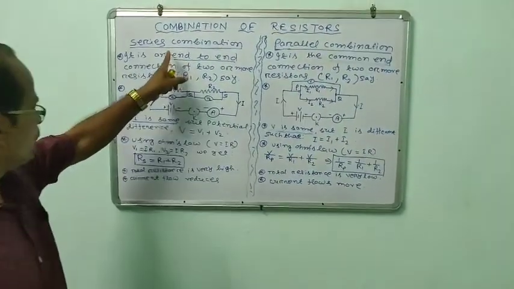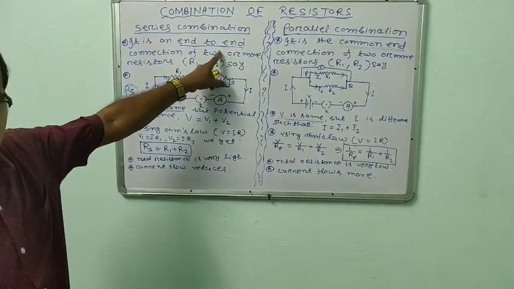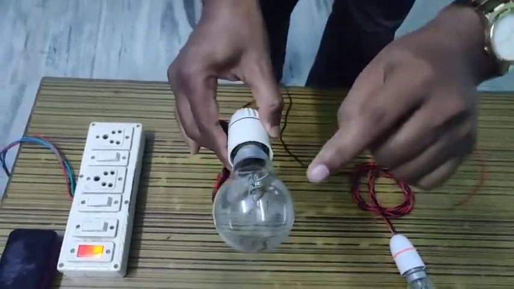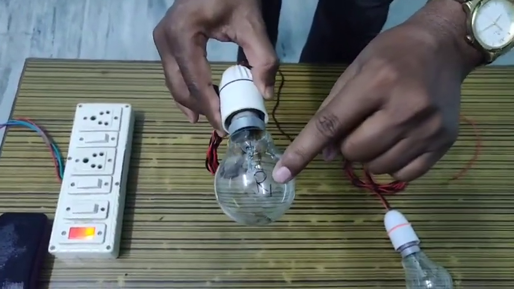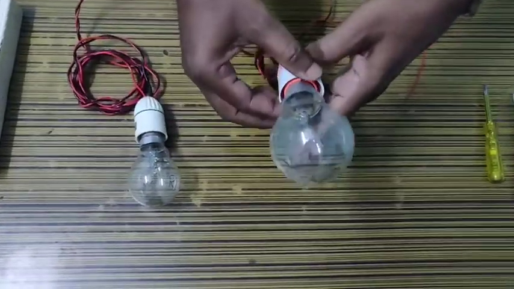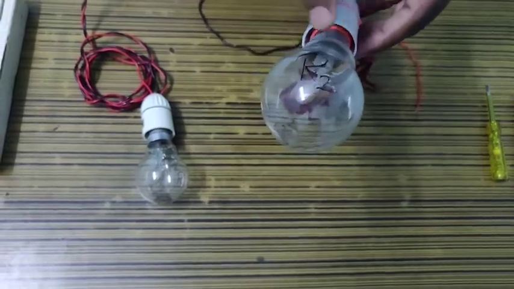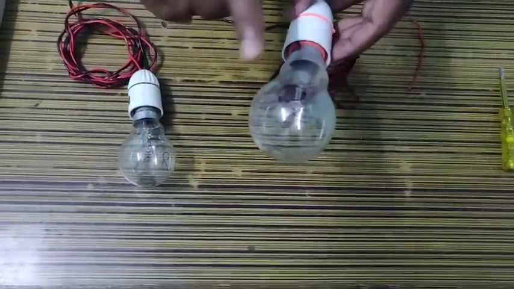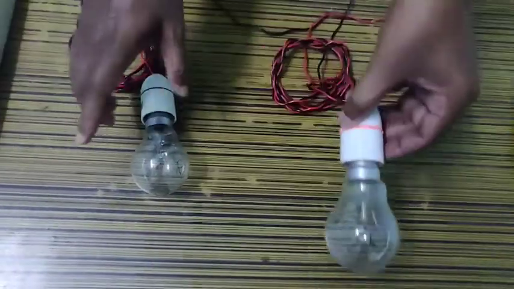First we are going for the end-to-end combination, that is the series combination. Again two bulbs: I have named one R1, and here I have taken another bulb, which I have named R2. So in place of two resistors I have taken two bulbs, R1 and R2.